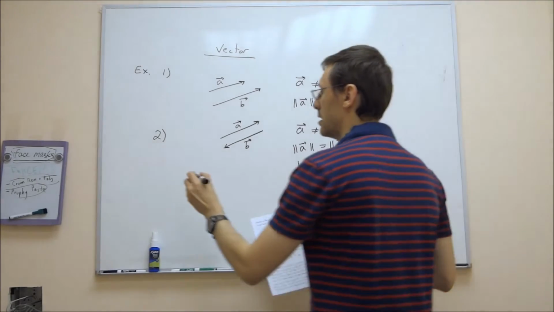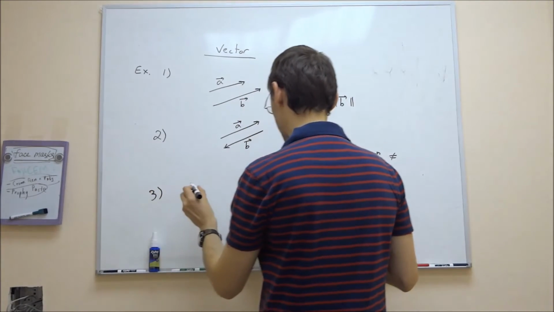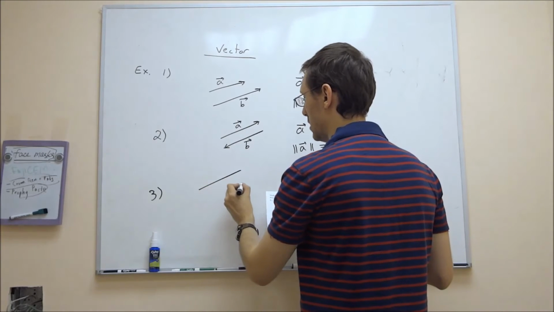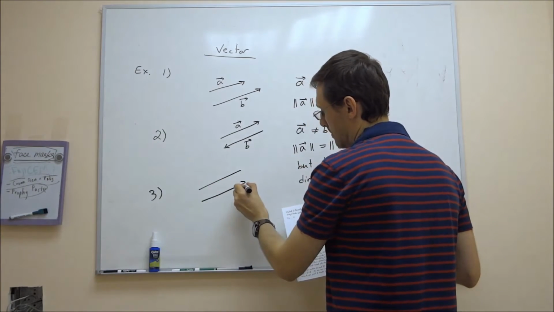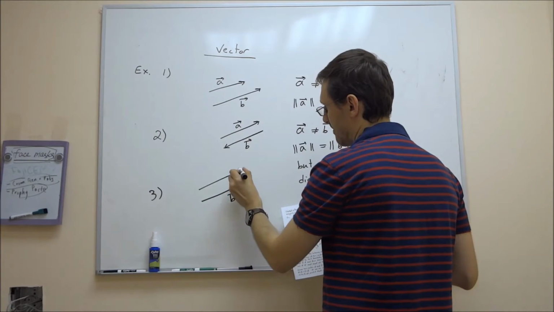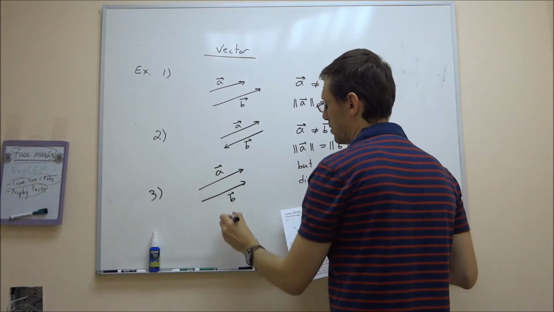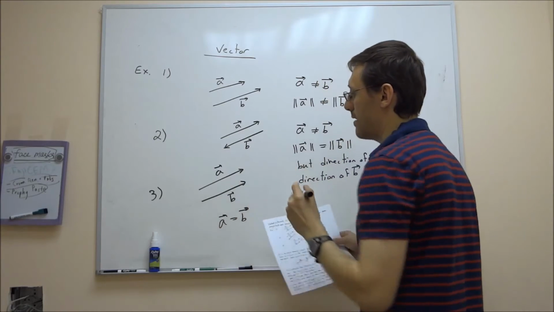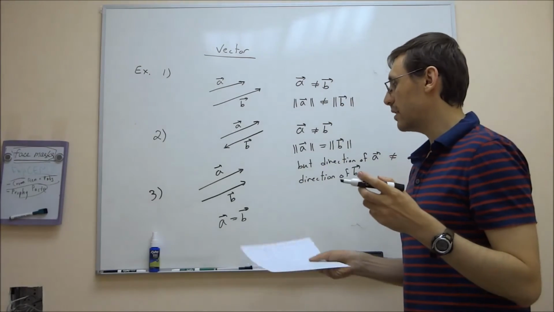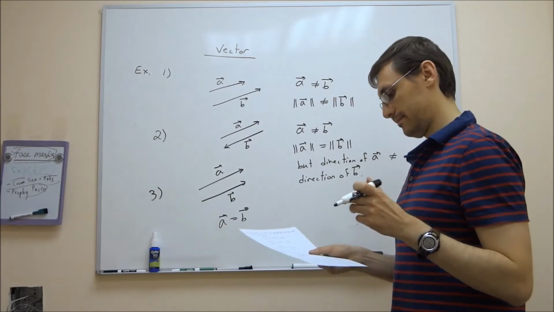And finally, example 3. Here are two vectors. In this case they are the same, because they have matching size, matching length, and matching direction.